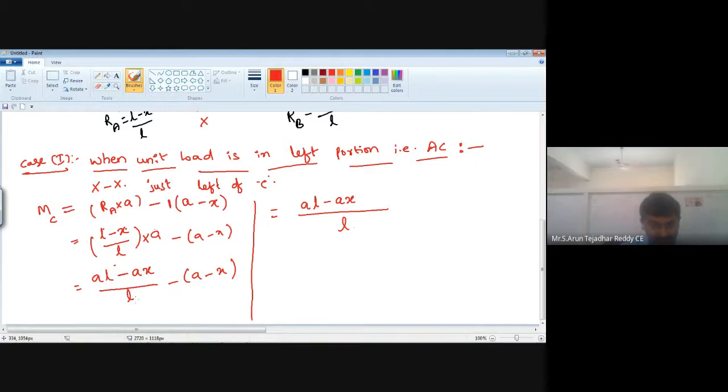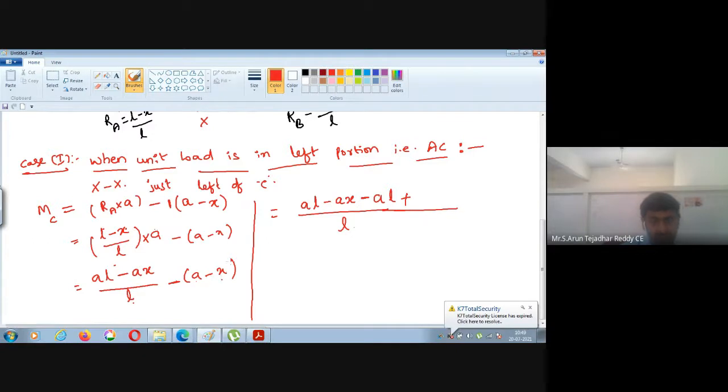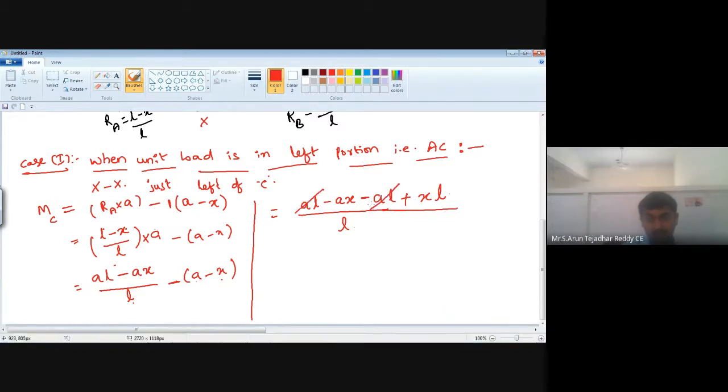Next, L into A, that is minus AL. Next, minus into minus plus L into X, that is XL. Now from this one, AL minus AL cancel.